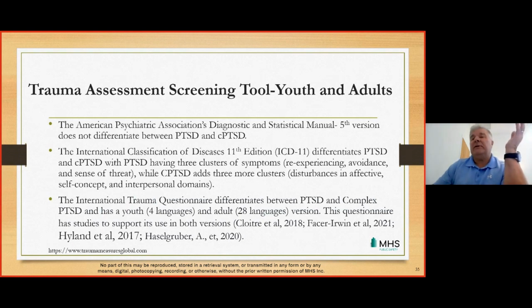Both versions of this instrument are public domain, and there is no fee for them. On the bottom of my slide here is a way to get to their website.